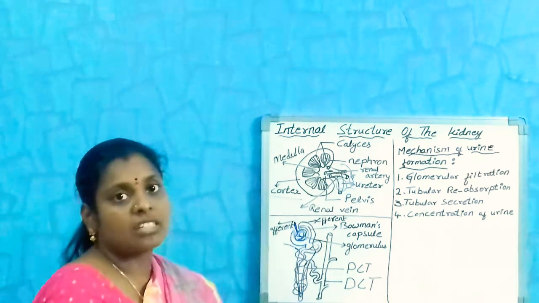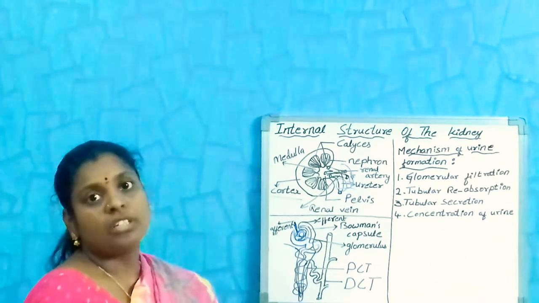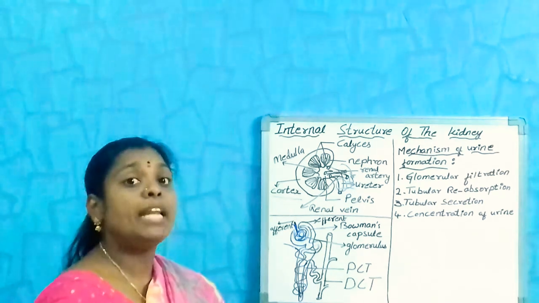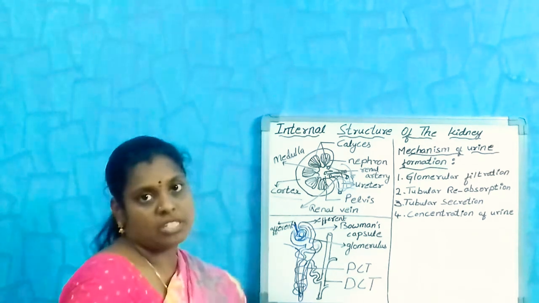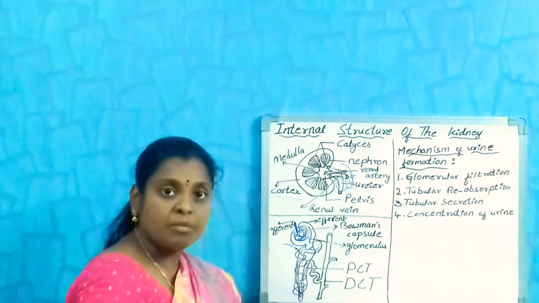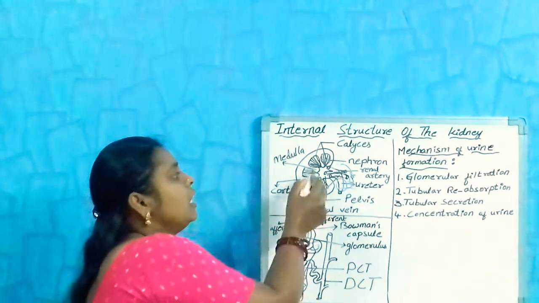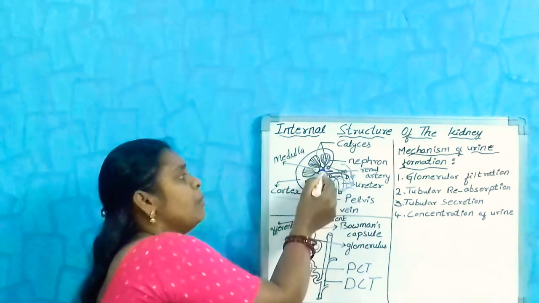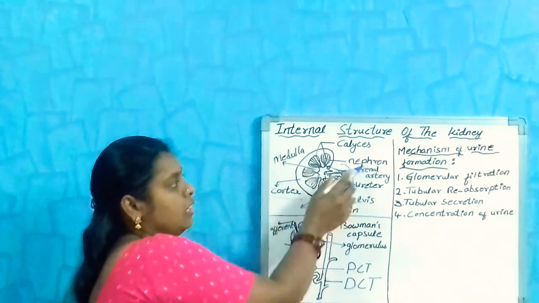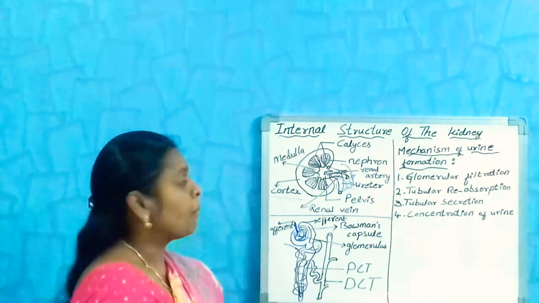These calyces consist of more than 1 million nephrons, which filter, meaning the process of filtration takes place in these nephrons. If you see, these are the pyramid structures in which nephrons are present.